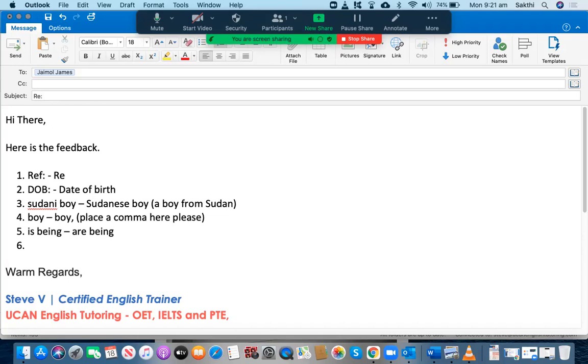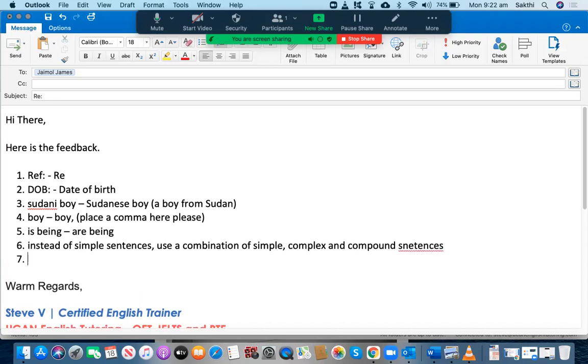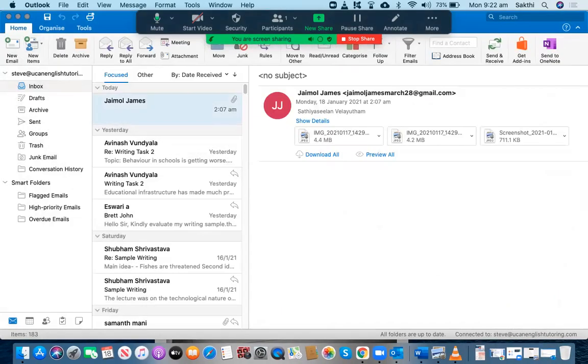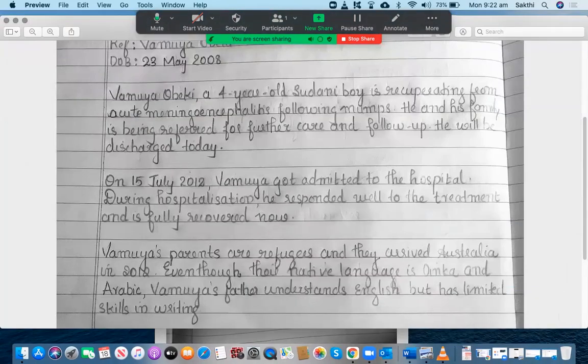So instead of simple sentences, use a combination of simple, complex, and compound sentences, please. Thank you. That would help a lot. Under grammar they would like you to be good at the use of a variety of sentence structures. So that's one of the major assessment criteria.